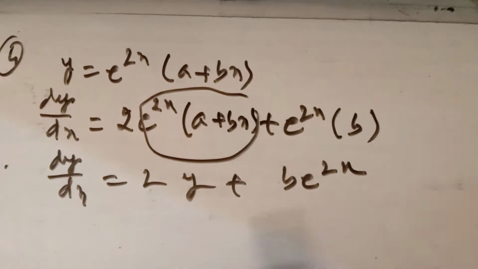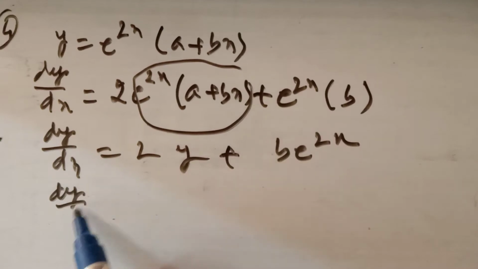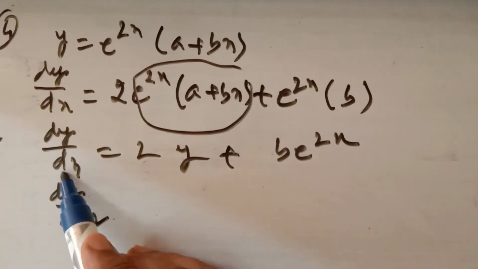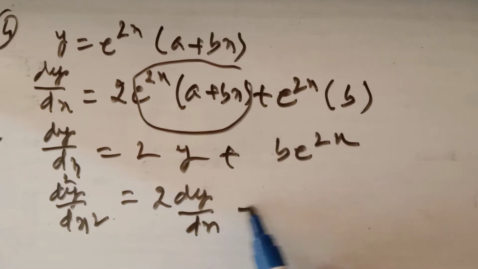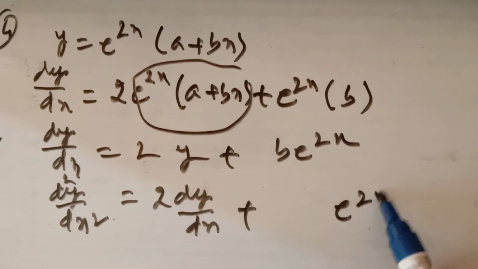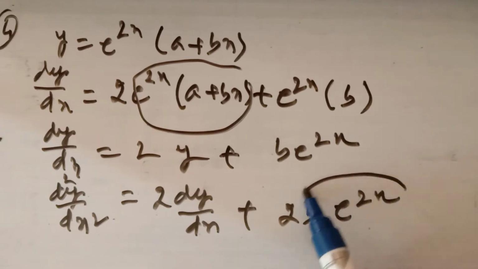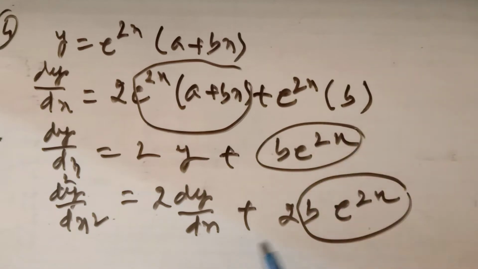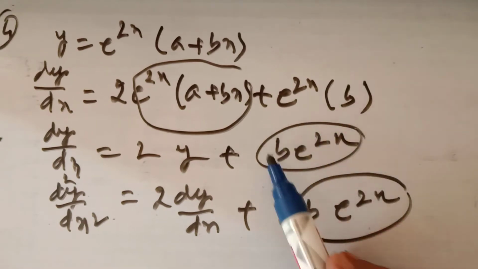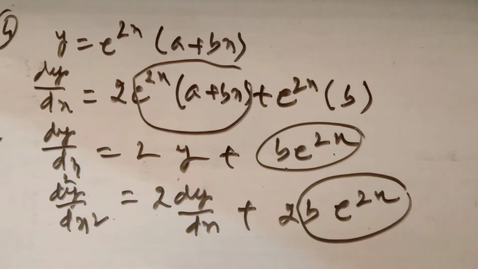Again one arbitrary constant is still there. So what can you do? You can differentiate it again. The second derivative is equal to 2 dy/dx, and the derivative of e^(2x) is e^(2x) into 2, and you can replace the value of this from this. Find the value of b e^(2x), which is the first derivative minus 2y, and put it here.